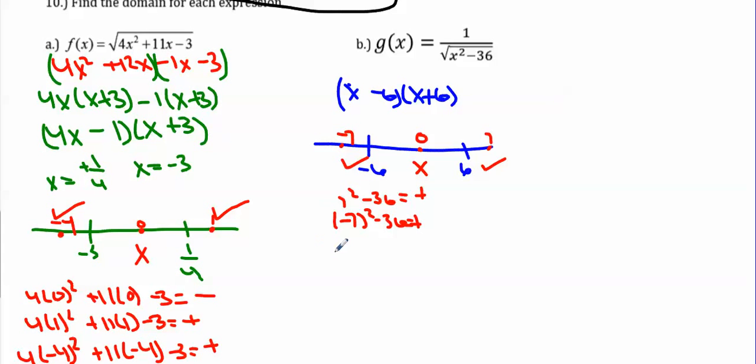Now for the rational part, it can be anything from negative infinity to negative 6 and 6 to positive infinity. But remember, for the rational part, it cannot equal 0. If there's a 0 in the denominator, then it will be undefined.